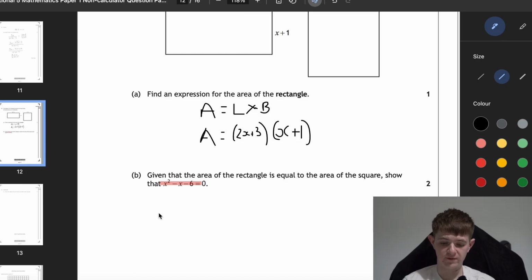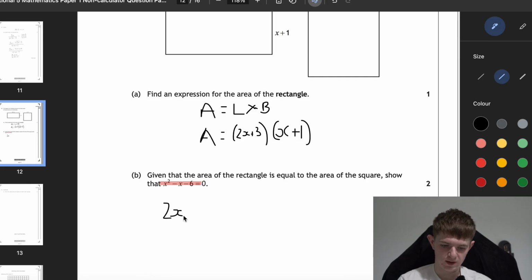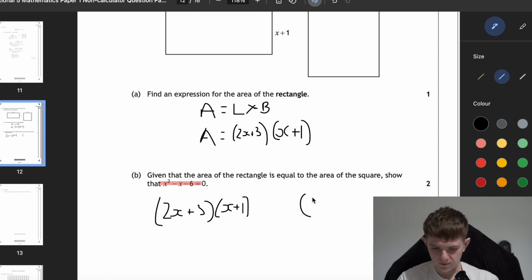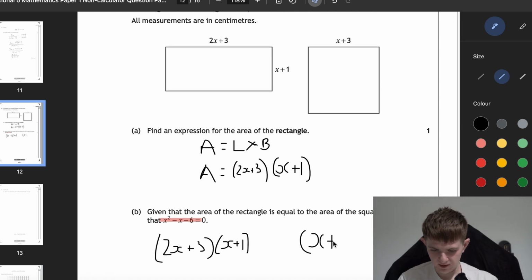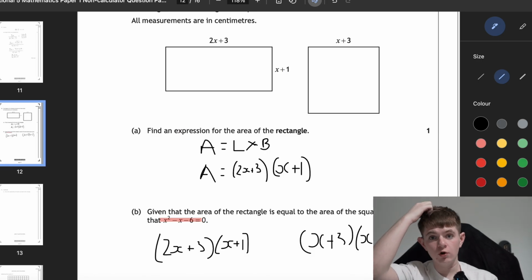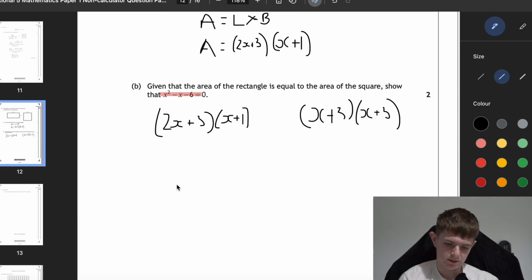So we need to do 2 different box methods. So 2x add 3, x add 1. And then our other box, we've got x add 3, x add 3. First one in here.